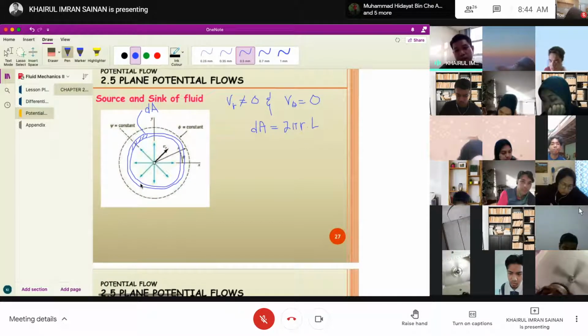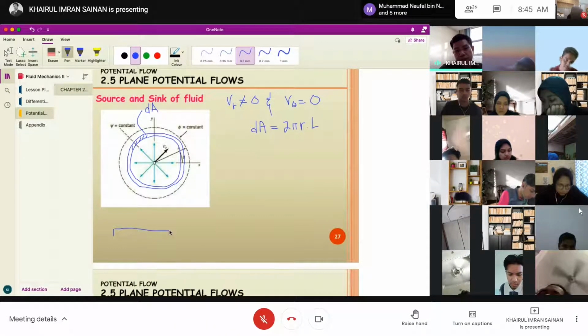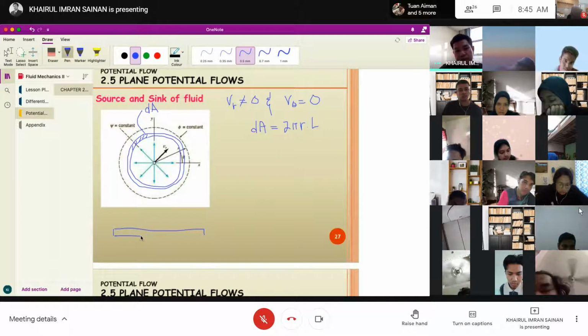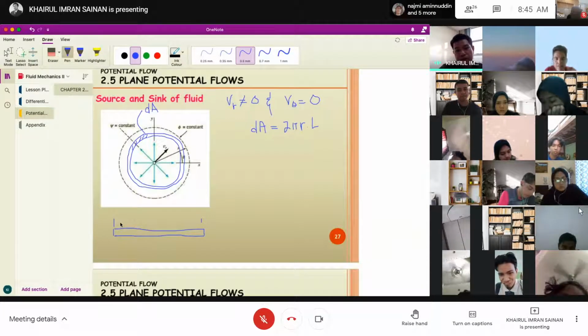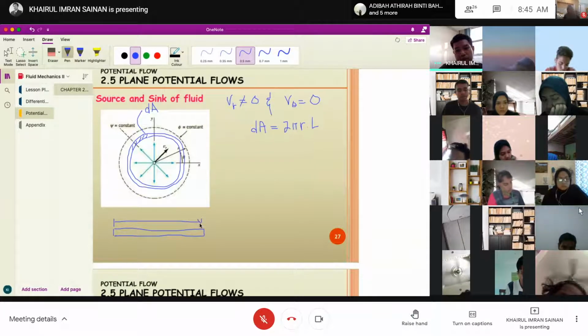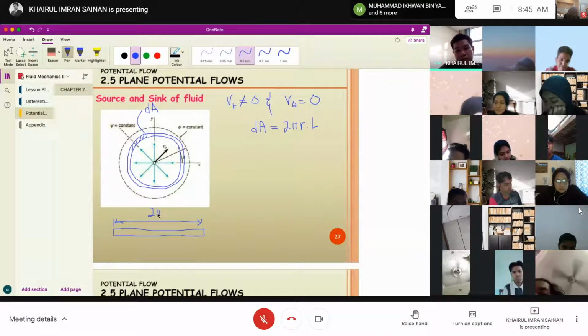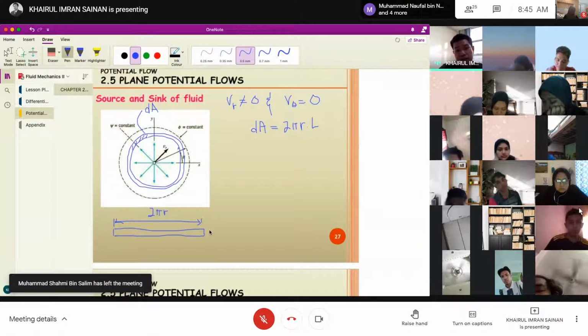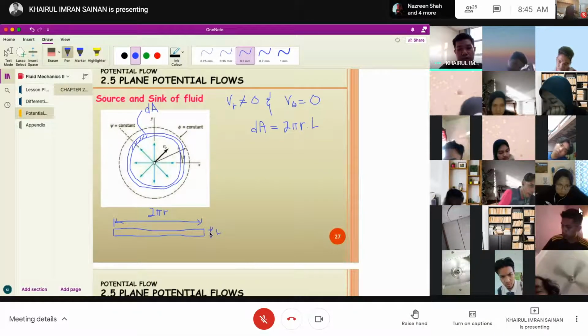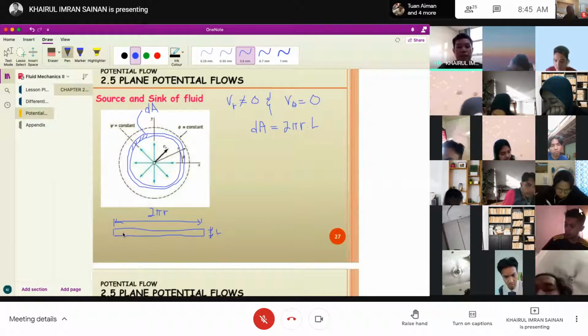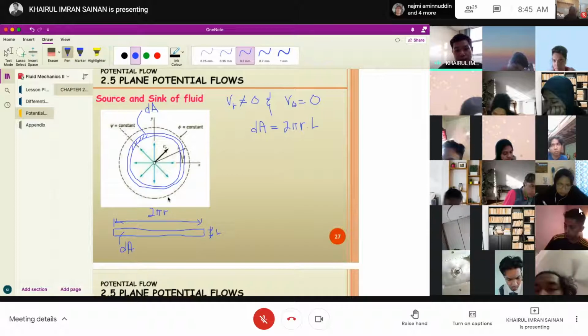So let's represent this one as a plate. The length from here to here is actually 2 pi r, and the height is represented by L. So that's how we determine the change of area.